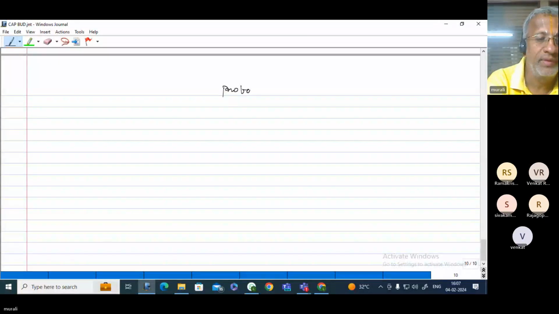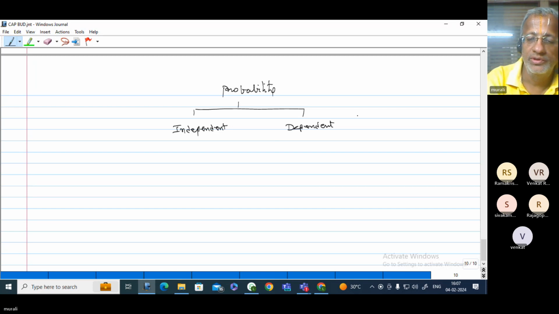See, I was just referring to probability, where you have two types, independent and dependent. Independent probabilities we took up the other day through Excel.